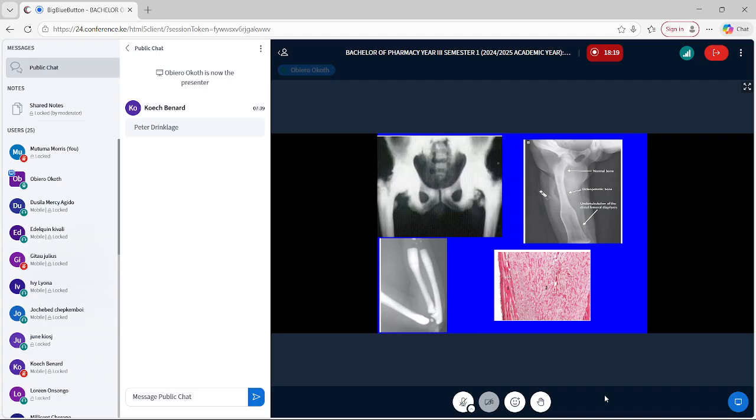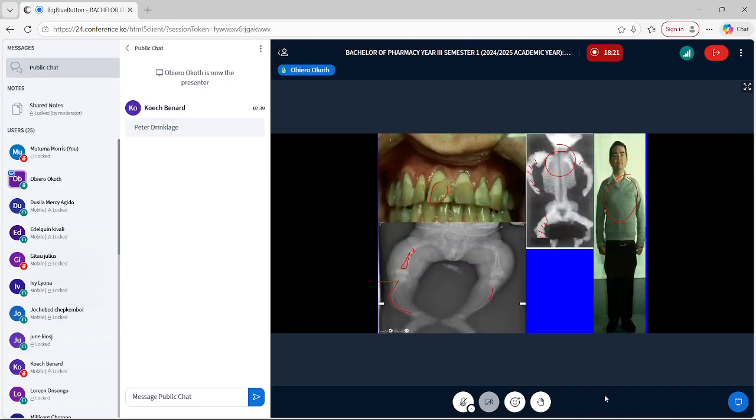Now, compare this. If you see a white area, like in this white area, it means bone or something that is radiopaque. So this one, there's no bone. This is soft tissue. This is soft tissue. This is soft tissue. This is bone. This again is bone.